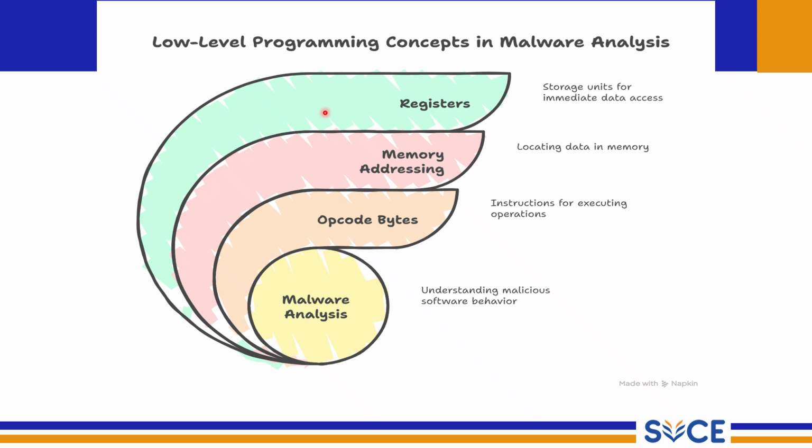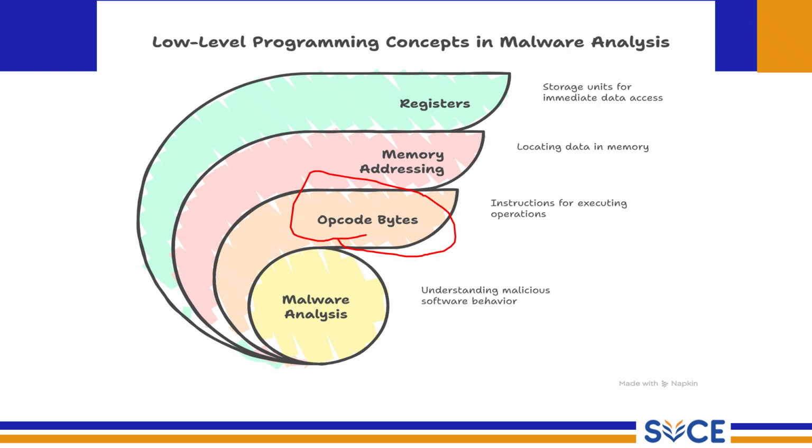In malware analysis, to understand the malicious software or behavior, we have to break it down. Opcode bytes are the instructions for executing operations. Memory addressing is for locating the data in memory, and registers are the storage units for immediate data access.